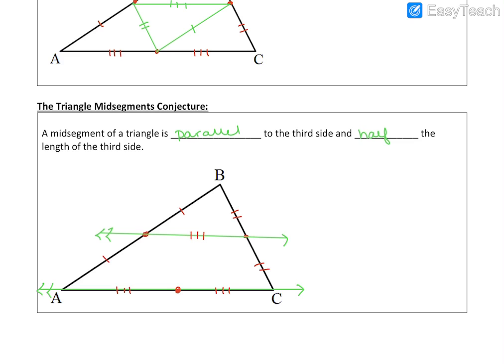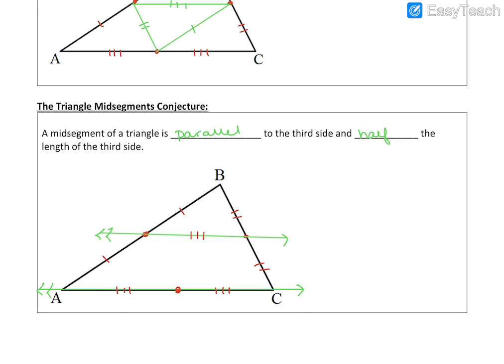and this mid-segment is that same length as half of the side that it's parallel to. Okay, so this mid-segment is parallel to this side of the triangle, and it's also half the length of this whole side. So where the midpoint is, that's going to cut this segment in half. So half of this is the same length as that.